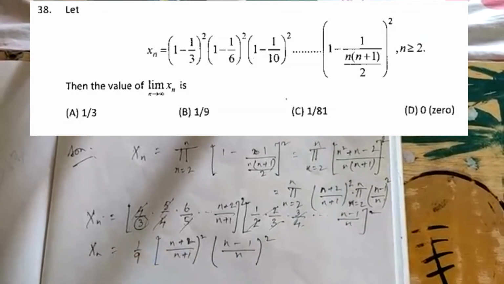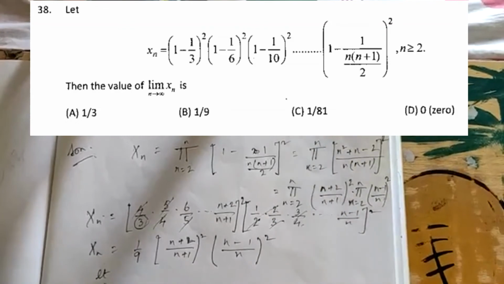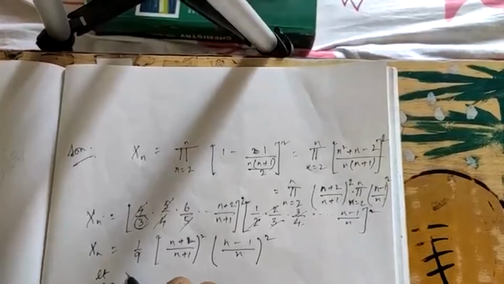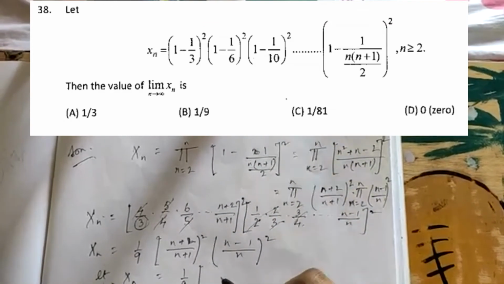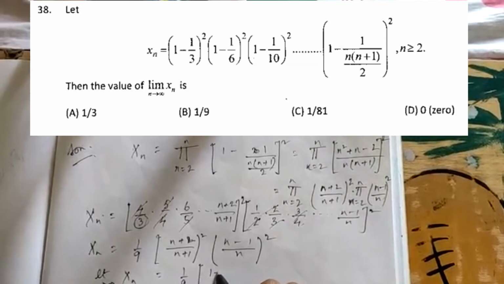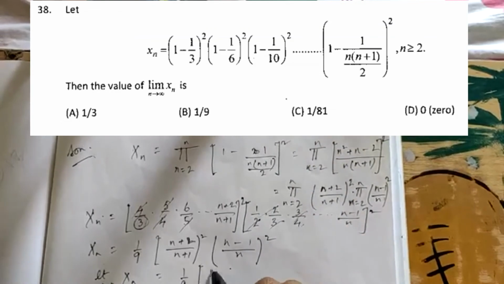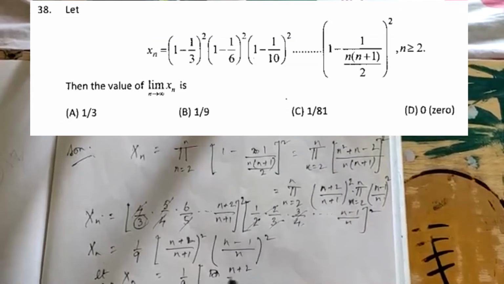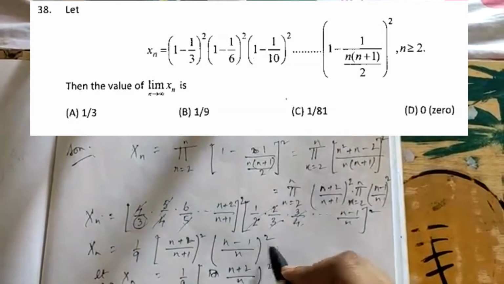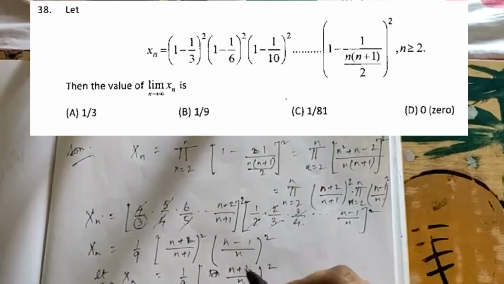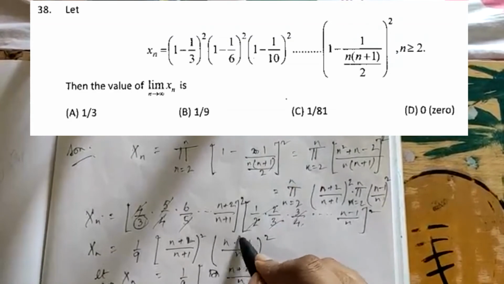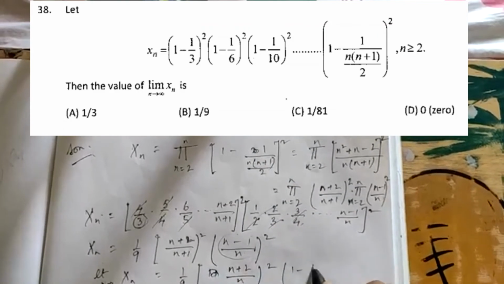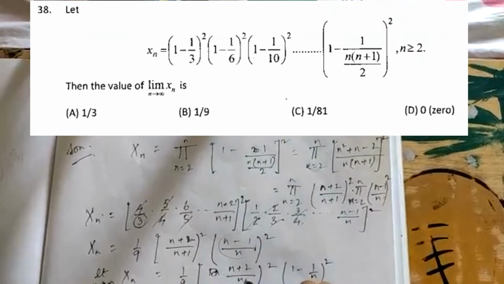So if this is the value of xn, then limit n tends to infinity of xn, you will get 1 by 9 into, if you divide by n, 1 plus 2 by n, and 1 minus 1 by n, by n plus 1 square.